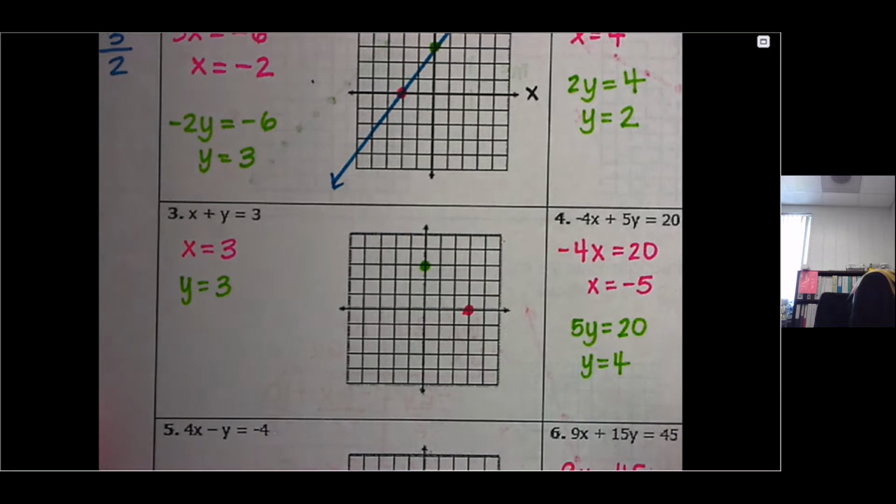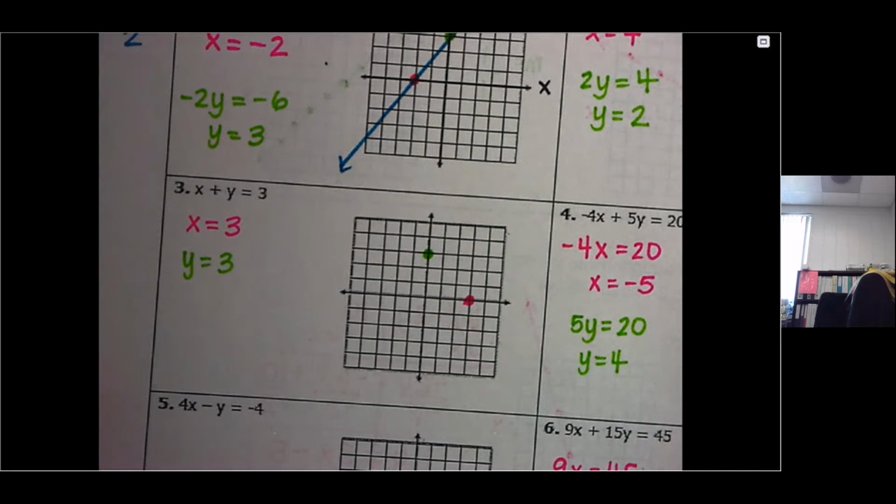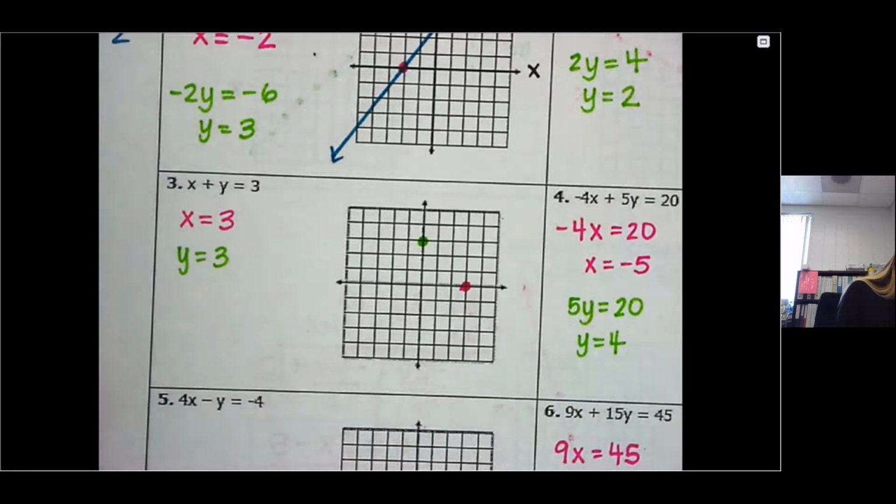Put up the 3x equals 3 and y equals 3. Yeah. That is correct.